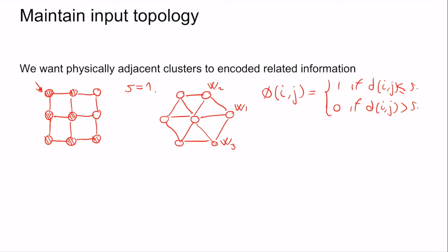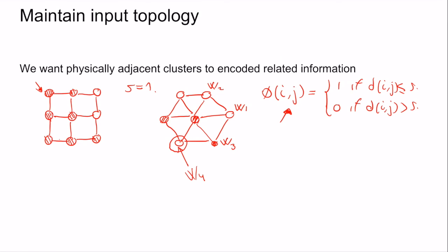So say this neuron here gets selected and I'm applying this neighborhood function, then I'll update the weights of this neuron, say W4, but I also update the weights of this neuron, and this neuron, and this neuron. And this is sort of trying to maintain this topology, this structure in my neural network.